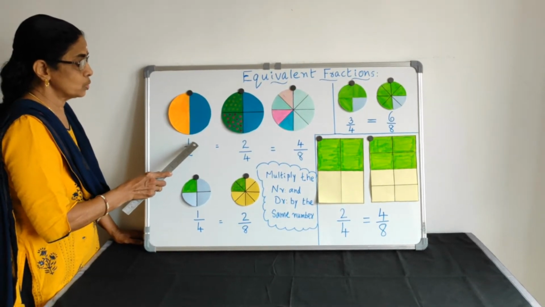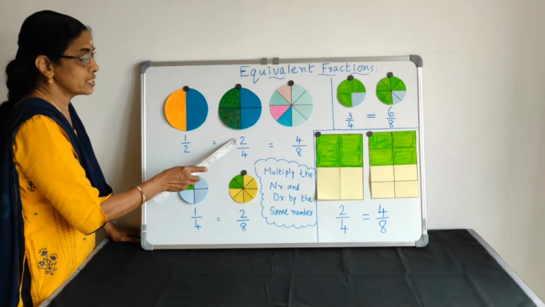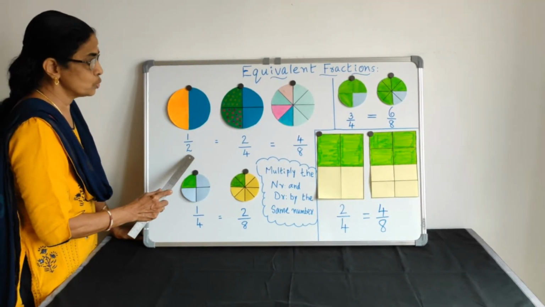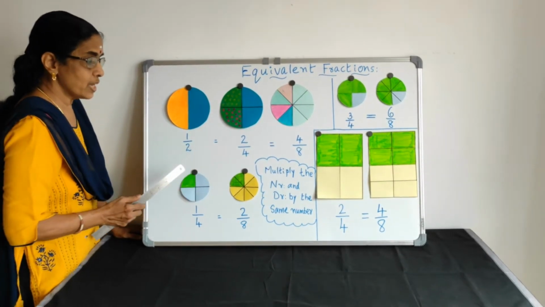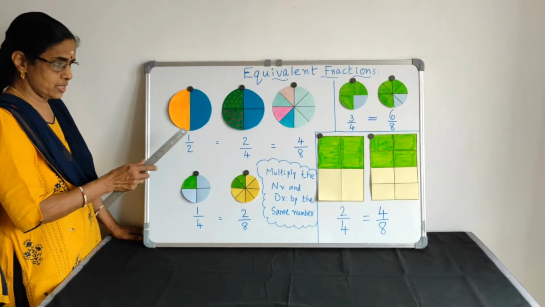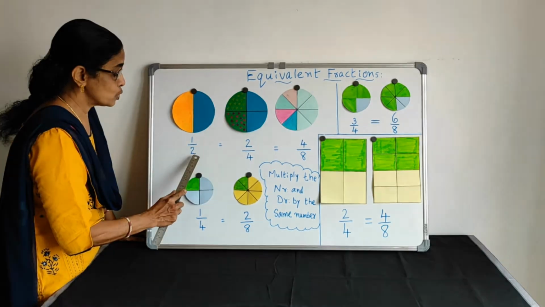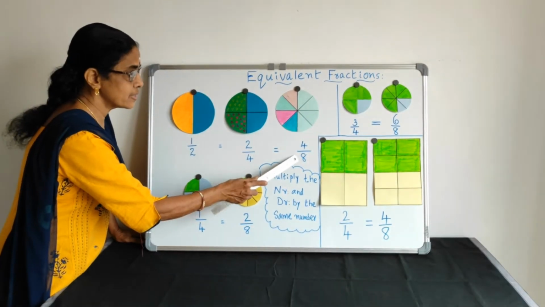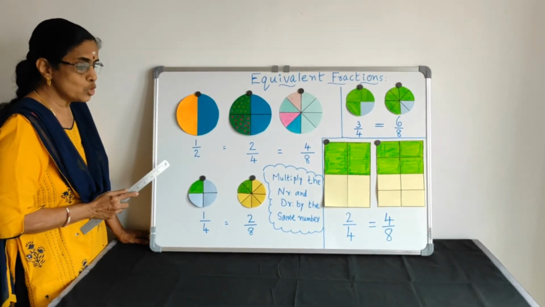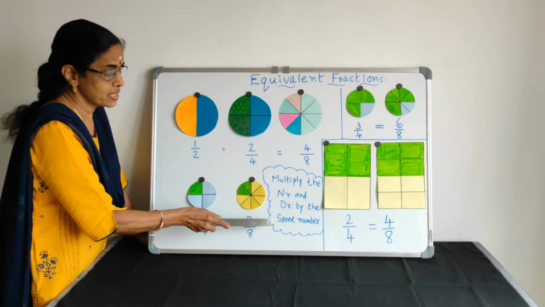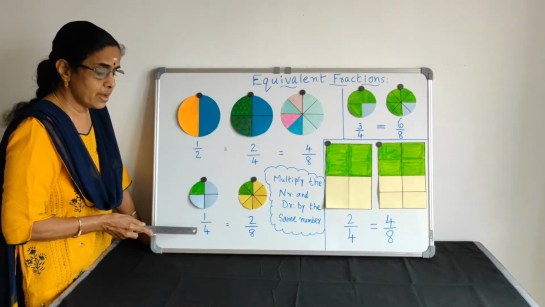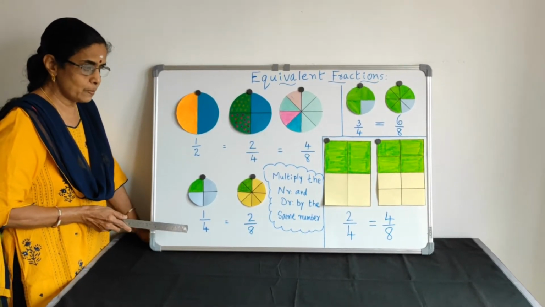Multiply by 2. 1 into 2, getting 2. 2 into 2, getting 4. So we are getting another equivalent fraction. Here also 1 into 4 makes 4. 2 into 4 makes 8. By multiplying numerator and denominator by the same number, we will get other equivalent fractions.